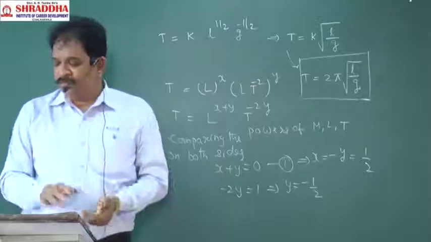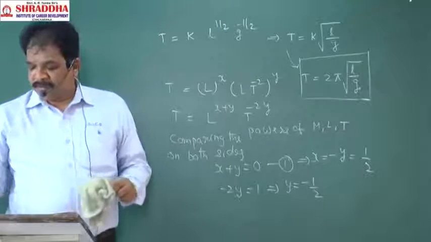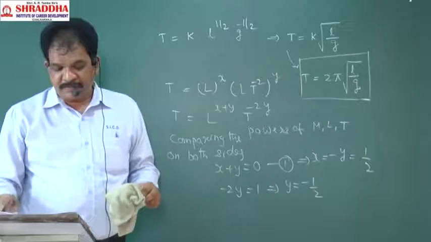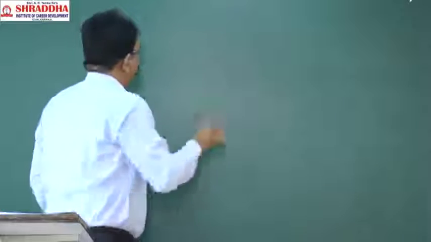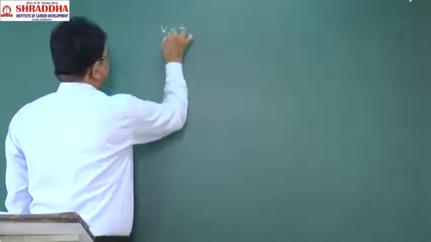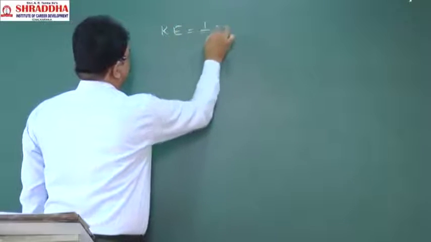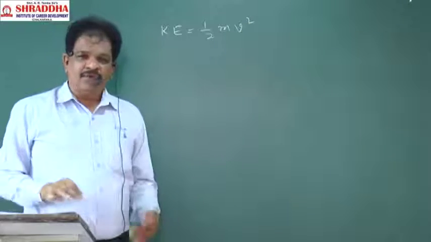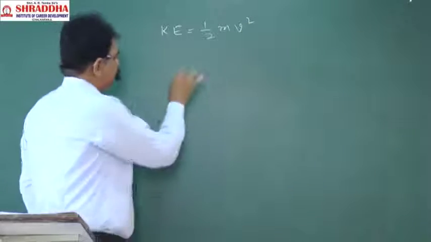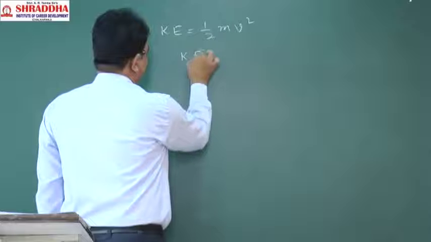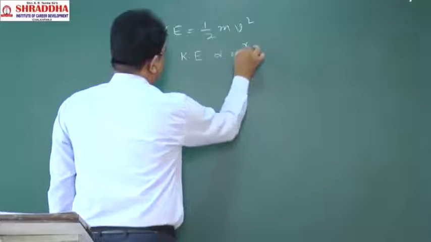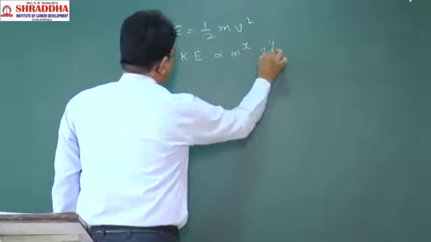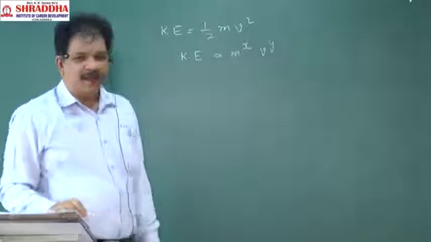We'll take some more, just for your understanding. Any equation you can take. KE is equal to half mv square. For this, how to proceed? KE depends on the mass, depends on the velocity.